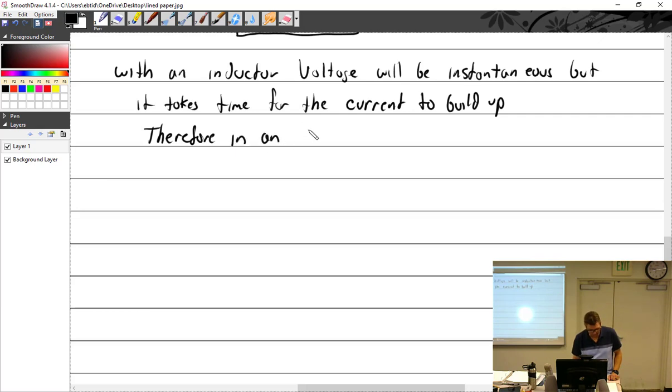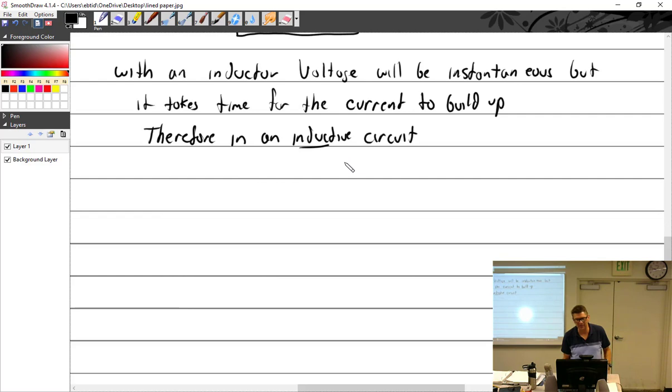In an inductive circuit, an inductive circuit is a circuit that has more inductance than anything else. If it's got more resistors, then technically it's a resistive circuit. If it has more capacitance, then technically it's more capacitive. Well, actually, we're going to change that to where it's either got more inductance or more capacitance.